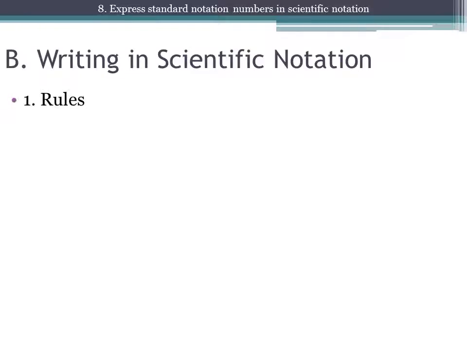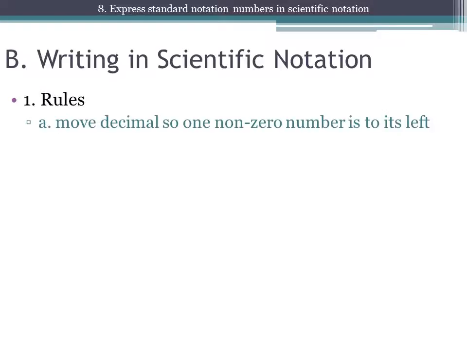When we write in scientific notation, there are a few basic rules to follow. The first of which is we're going to move the decimal point so one non-zero number is to the left of that decimal point. So here's an example. Let's say we're asked to write this number, 27,050,000, in scientific notation.